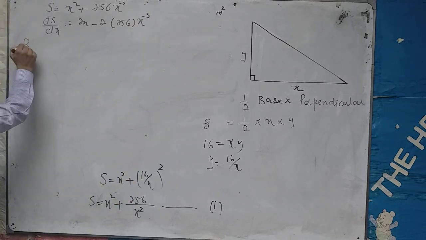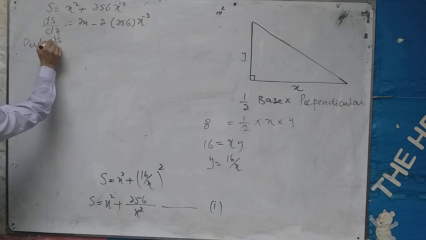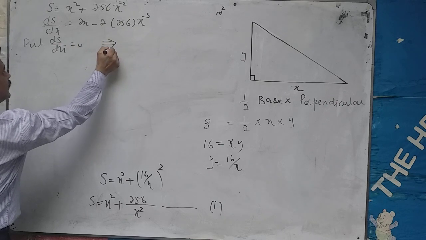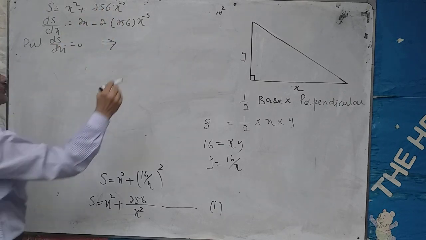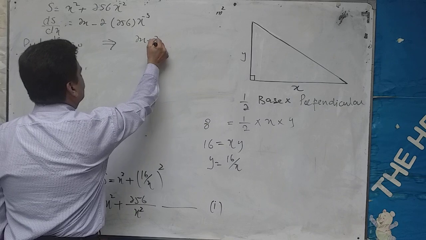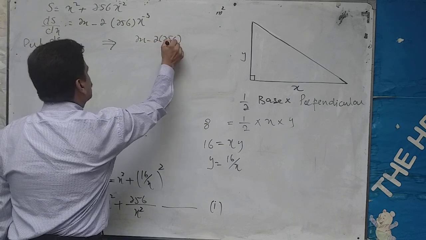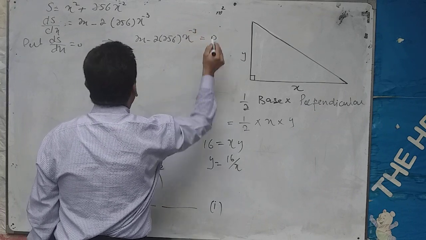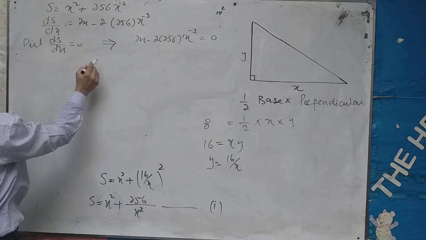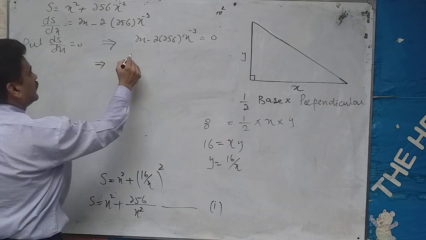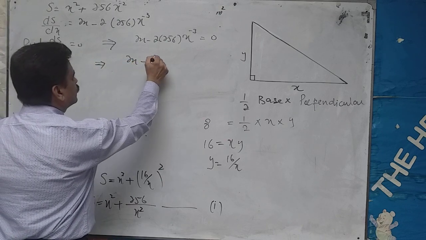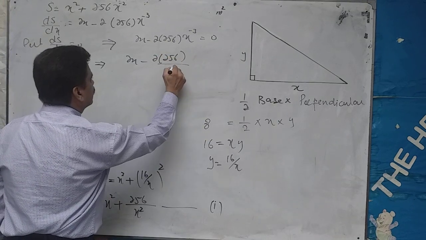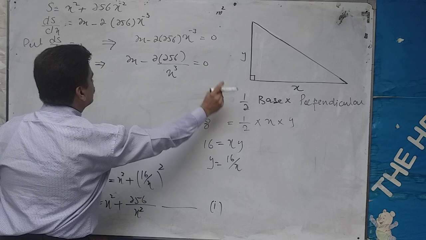Here we put dS by dx equal to 0. This implies 2x minus 2 multiply 256 x raised power minus 3 is equal to 0, which means 2x minus 2 multiply 256 divided by x cube is equal to 0.